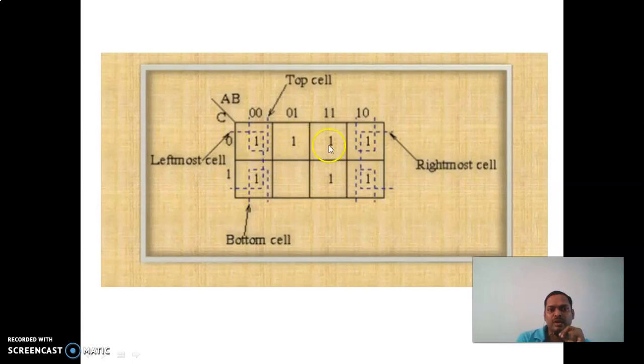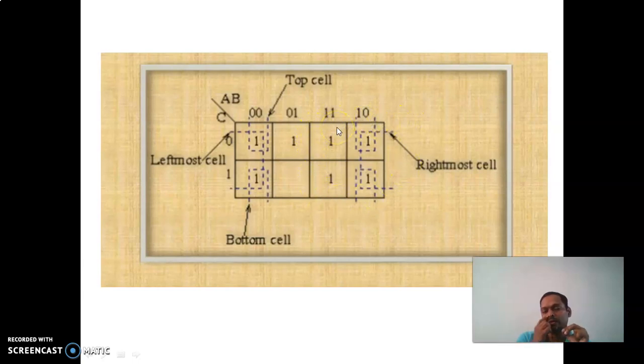See this one, we have all 4 1s and 4 1s here. So here we can map the rightmost 2 and the leftmost 2 at a time, grouping 4 cells. And again we can map the top 4 1s, and again we can map these 4 1s like this.